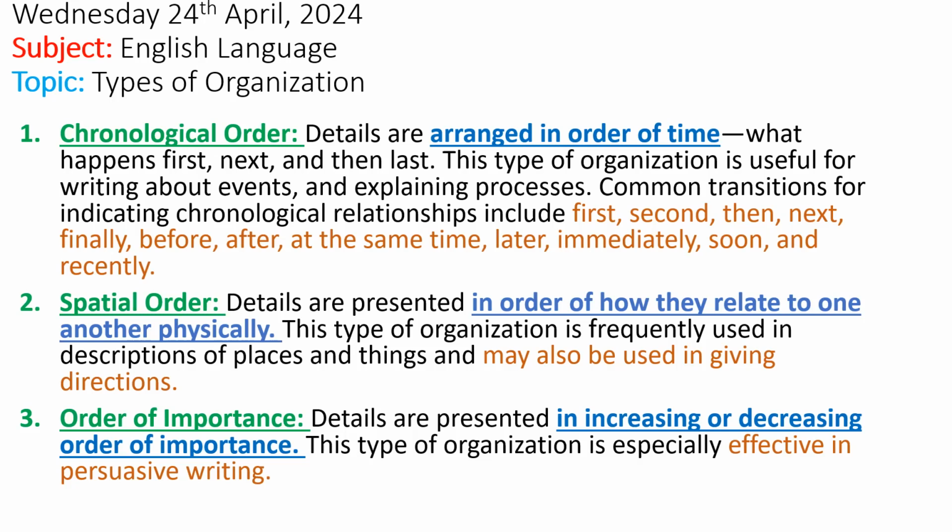Read the definition for spatial order. Spatial order. Details are presented in order of how they relate to one another physically.